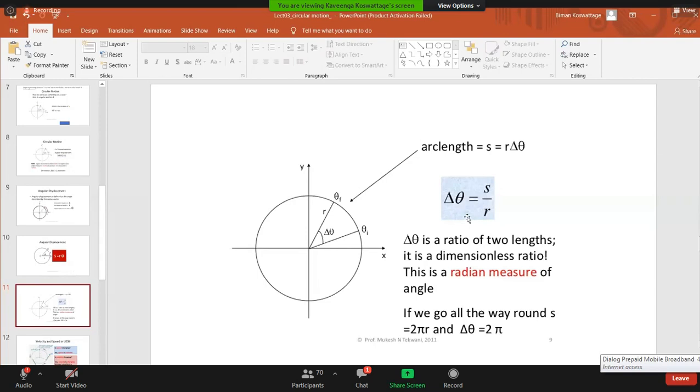Okay, I want to teach you one thing. Let's say that you have a uniform circular motion.